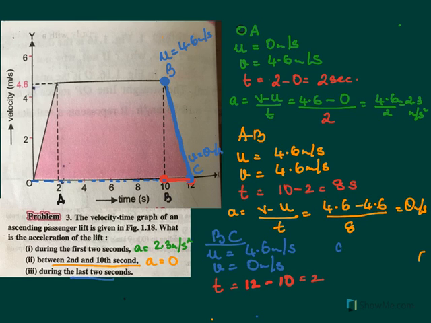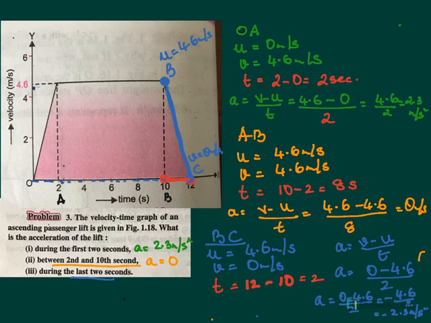So the acceleration in this case is v minus u over t. The v is 0, your u is 4.6, and the time is 2. So minus 4.6 over 2, and that would be minus 2.3 meter per second square.